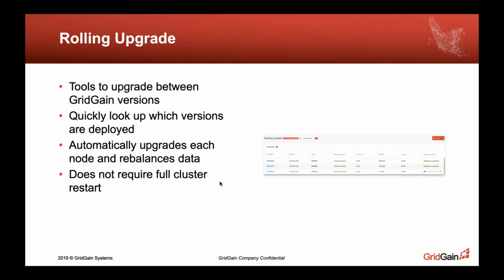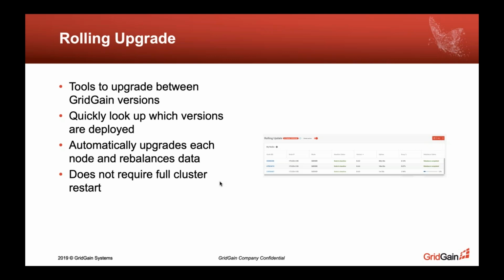And so let me talk about how the actual workflow is. So let's say our current cluster is 8.5.8, and we want to upgrade it to 8.5.10. So I would provide both versions of the runtime. I would initiate a rolling upgrade. This will go into each individual node, and it will stop a node. It will rebalance the data that was in that node across the rest of the nodes in that cluster.